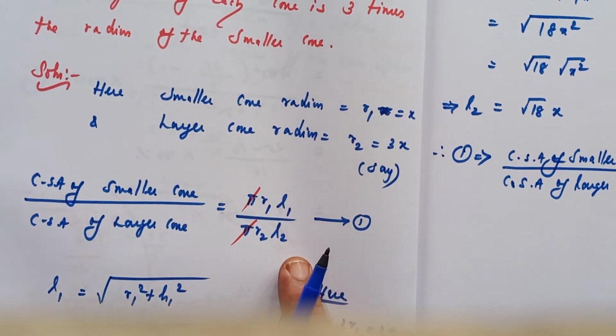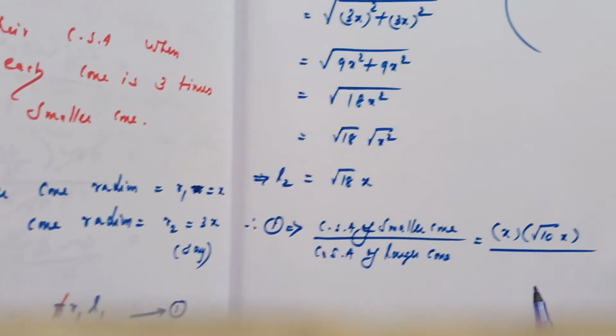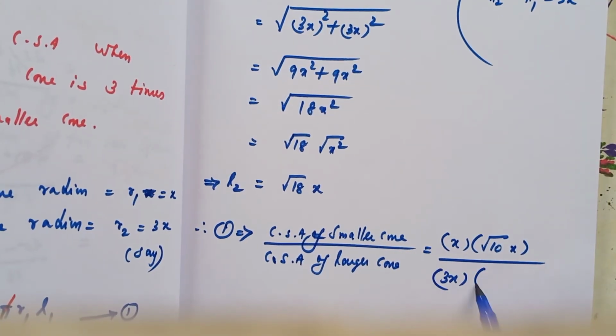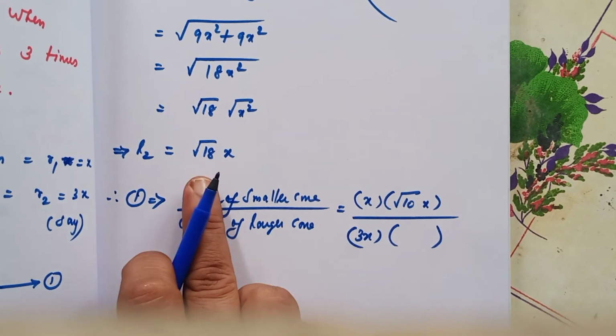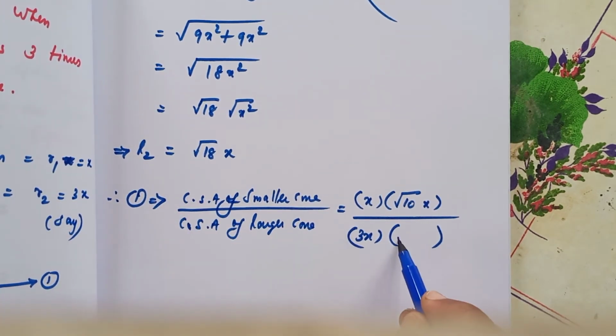R2 here is 3x into L2, L2 here is root 18 into x.